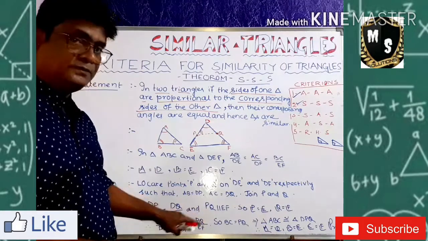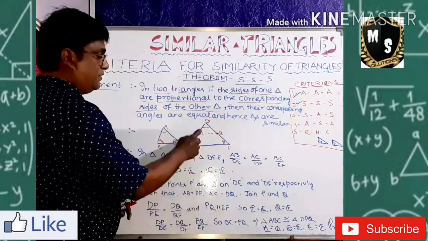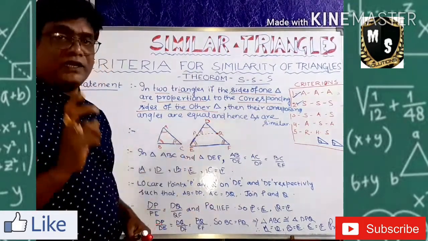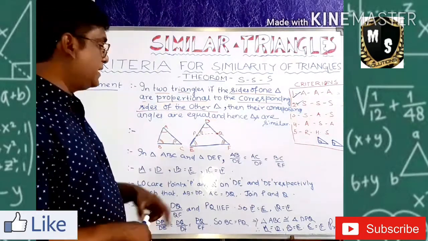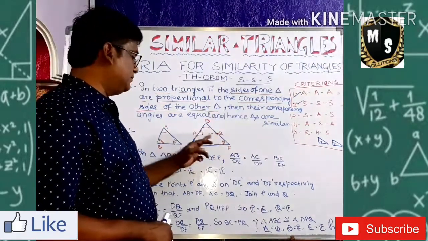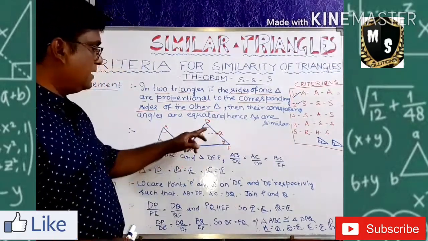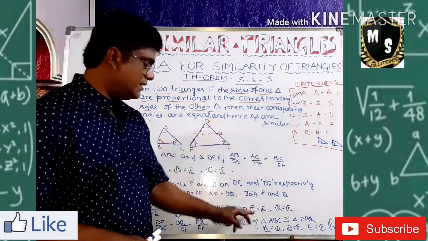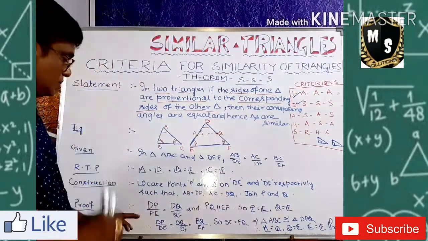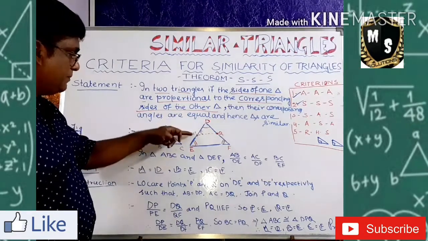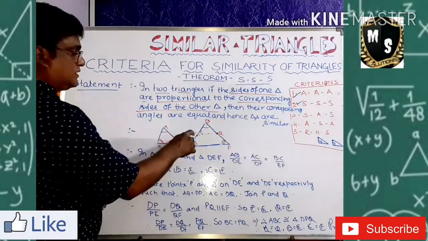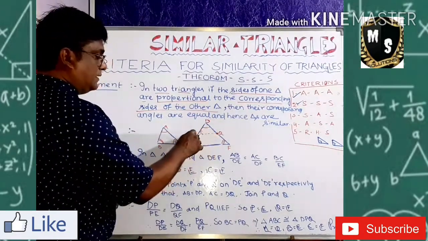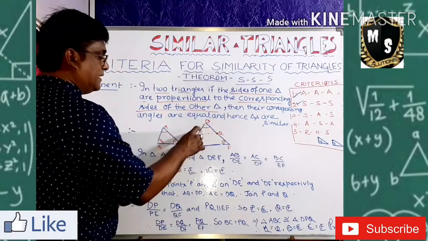That is written here. If PQ is parallel to EF, then what are angle P and angle E? They are called corresponding angles. And these two are also the same. That is, angle P is equal to angle E and angle Q is equal to angle F. That one I wrote here. Understood? Again I am saying DP by PE: this line is dividing in the same ratio.